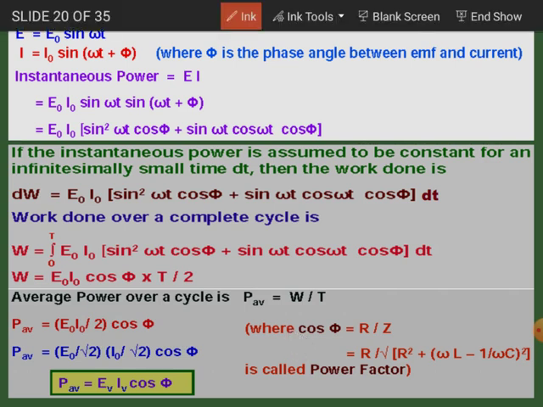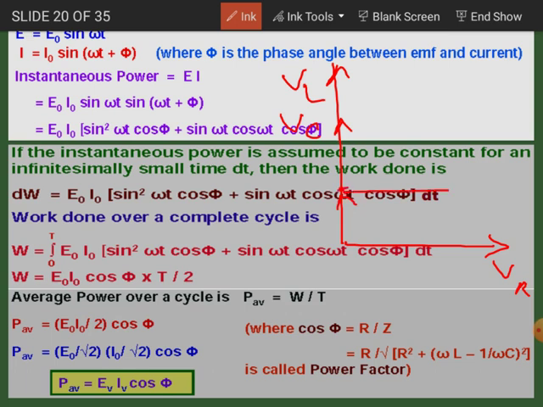From that phasor diagram, let me redraw it again. This is VR, right? And this is VL. This much is what? BC, right? And if you take VL minus VC, then it will come only this much, right?